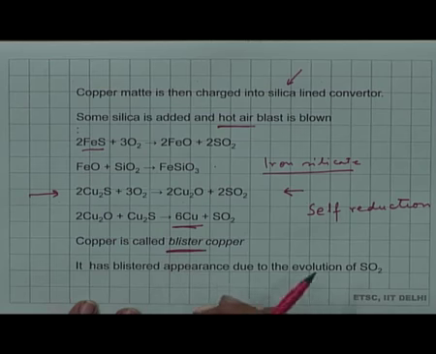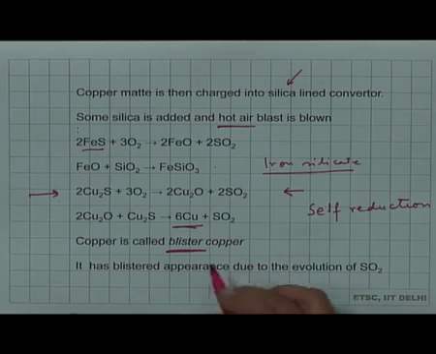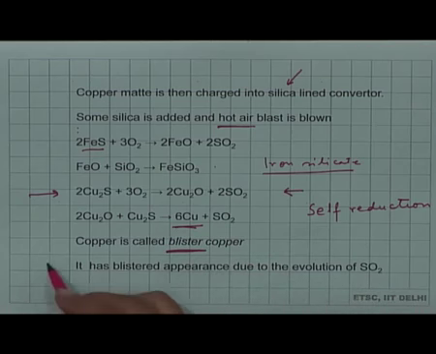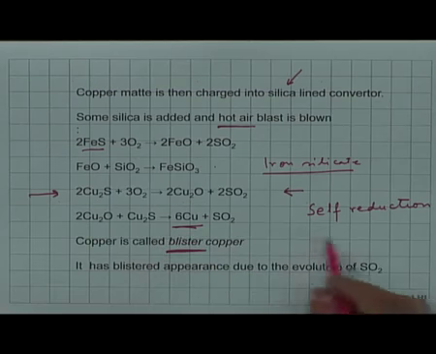They are just like if our skin burns, then blisters are formed. So, similar to those blisters, on the copper surface blisters are formed, and this has led us to give the name blister copper to the copper obtained in this process.